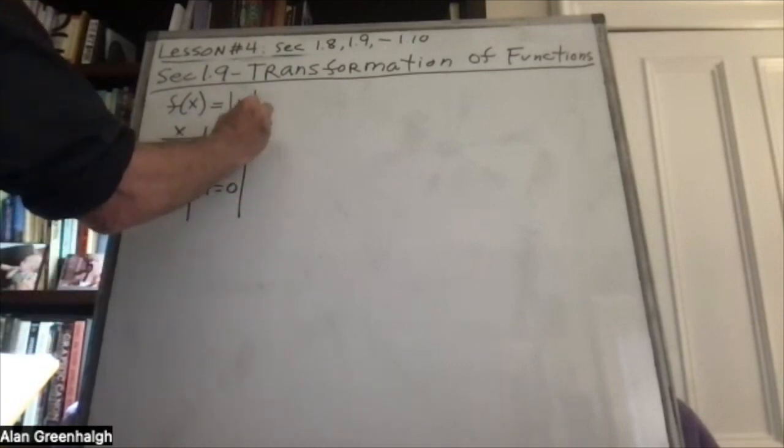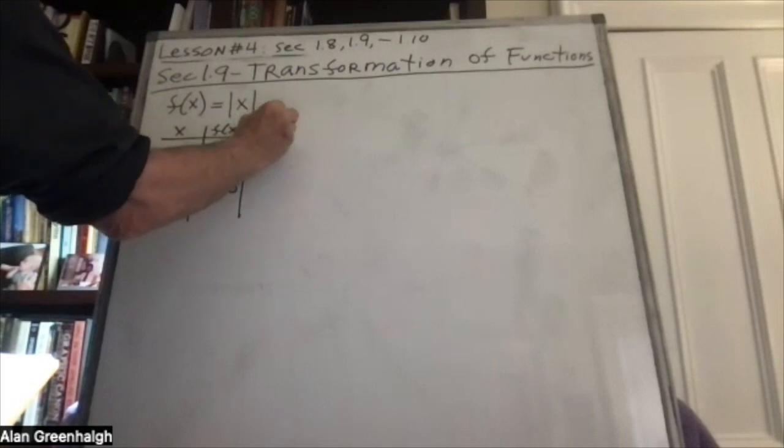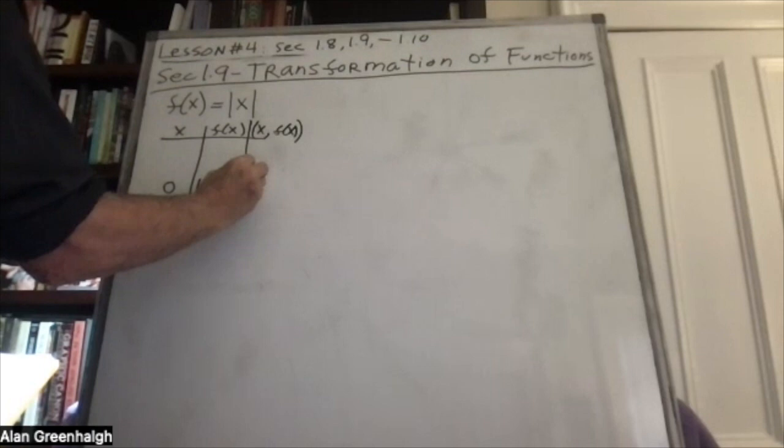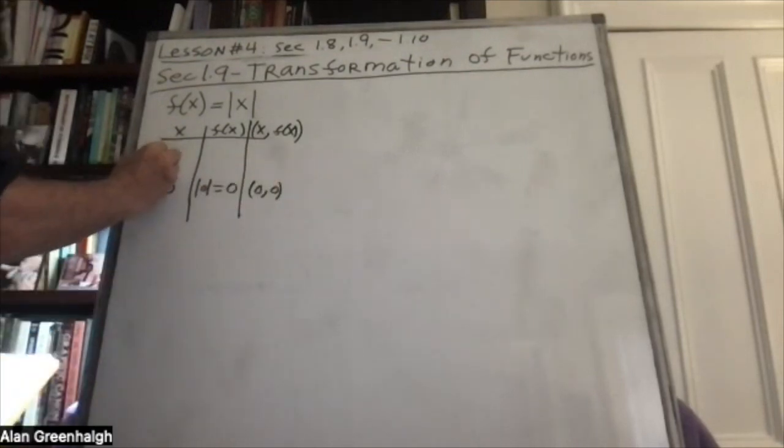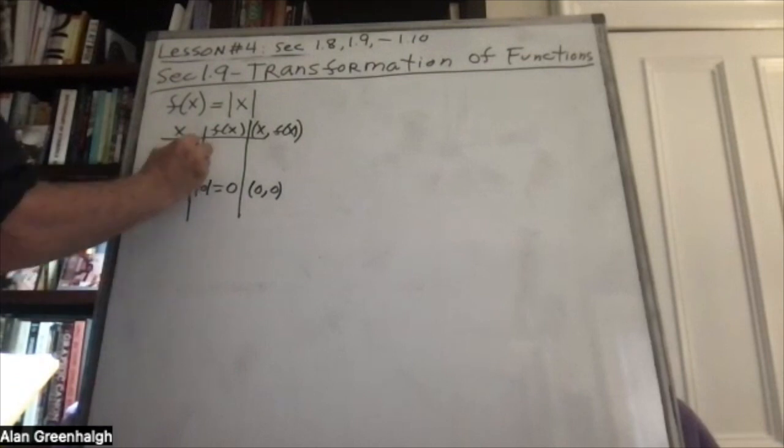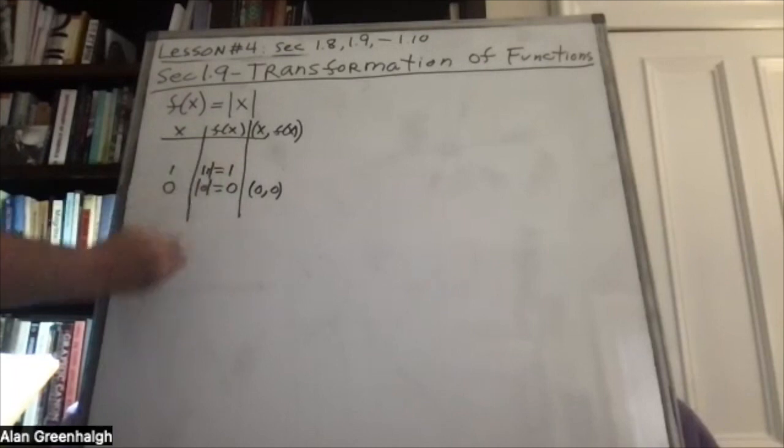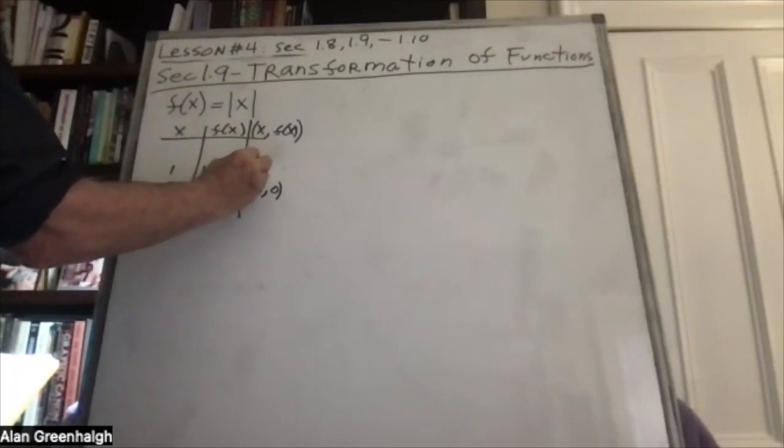So the conclusion we come to is that this is the point 0, 0. That's where we start. When x is equal to 1, the absolute value of 1 is 1, and this is the point 1, 1.